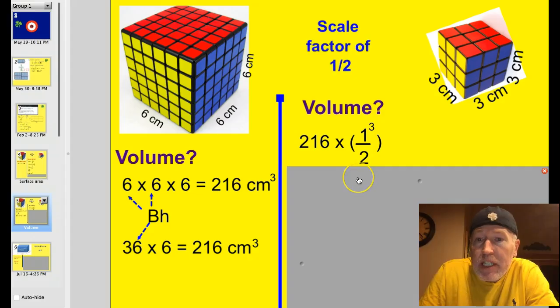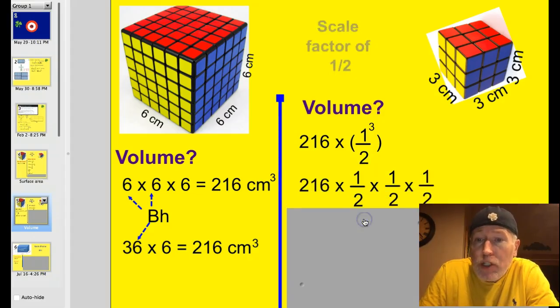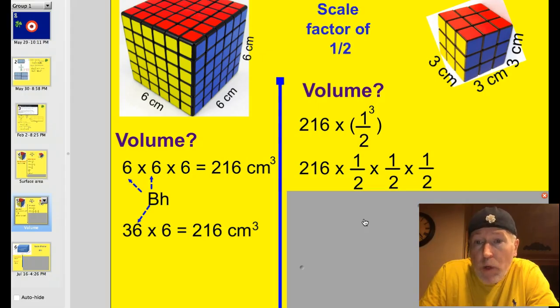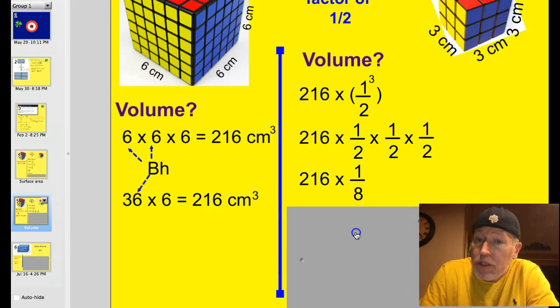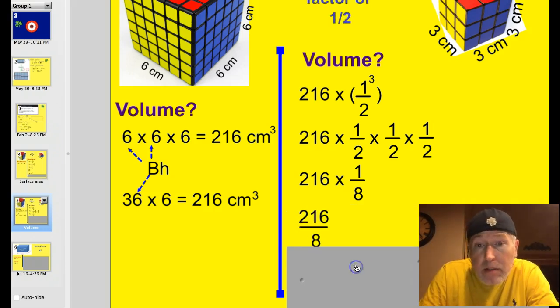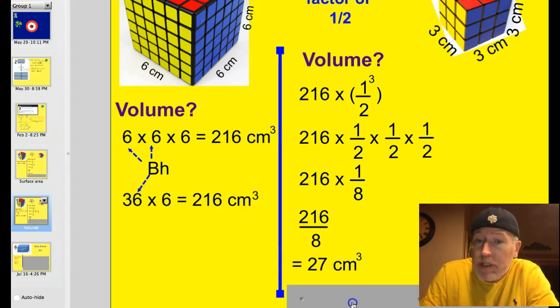Well, 216 times 1/2 cubed is really the same as 216 times 1/2 times 1/2 times 1/2, which is really the same as 216 times 1/8, which is really the same as 216 divided by 8, which is really the same as 27 centimeters cubed.